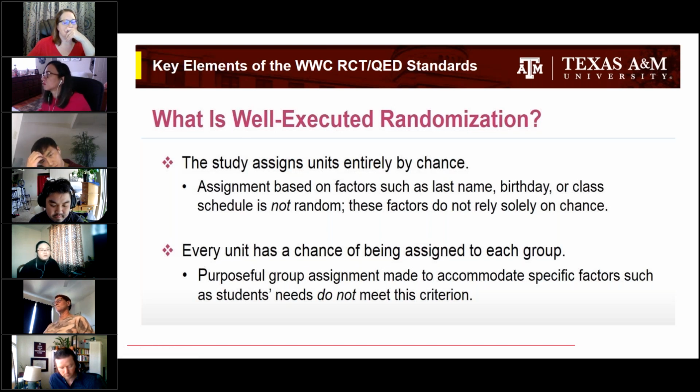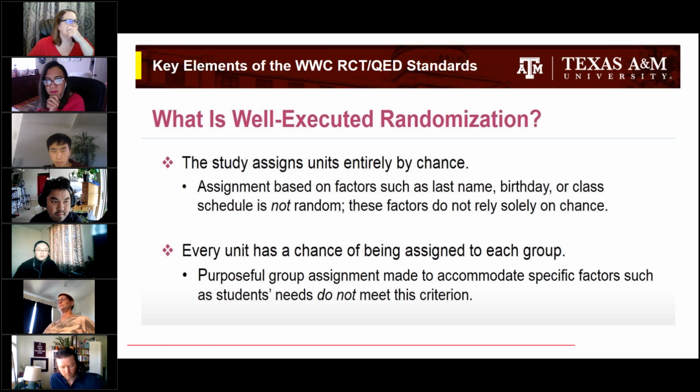For example, you have 100 participants with their names in column A, and in column B you use Excel to generate a random number, and then sort the random numbers from smallest to largest. Because the random numbers were generated by chance, you don't know which participant will receive a bigger or smaller number.